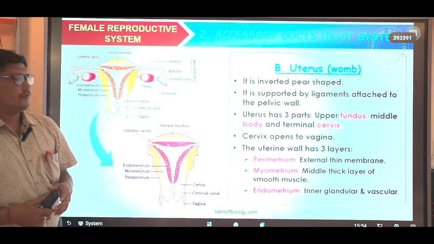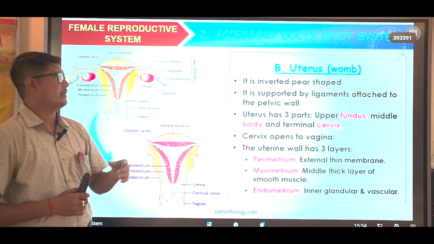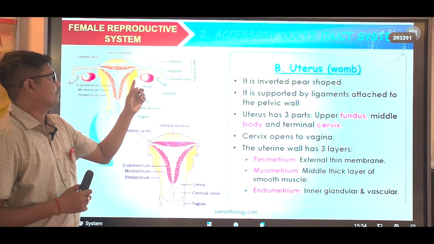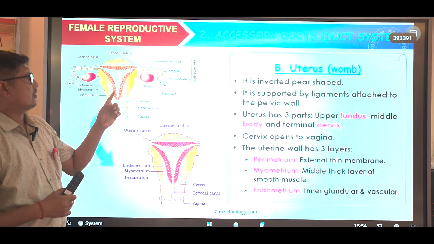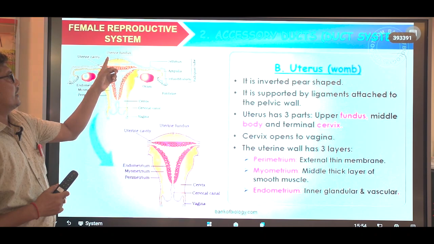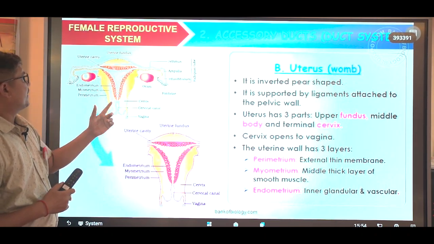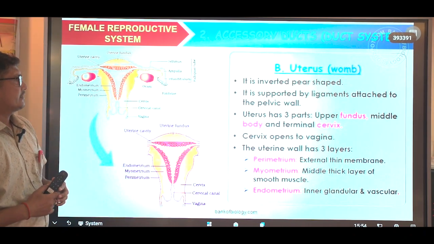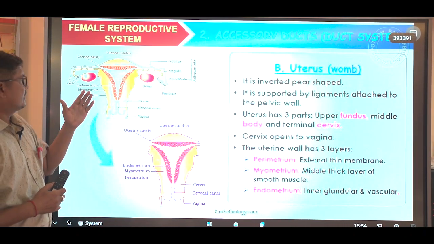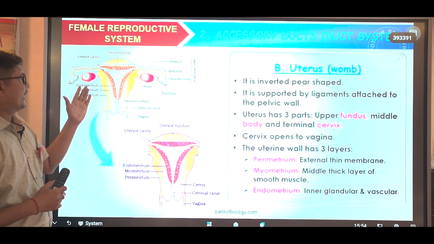Now the uterus is a pear shaped organ. It is supported by the ligaments in the pelvic wall, and it has three parts. The upper part is called the fundus, then the middle body, and the terminal part is called the cervix. This uterus is divided into three layers.